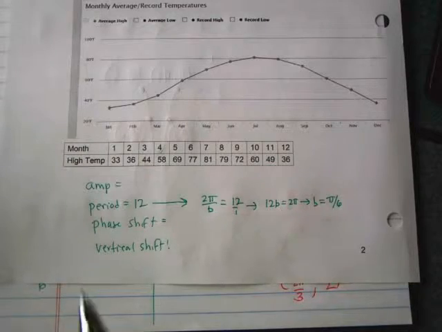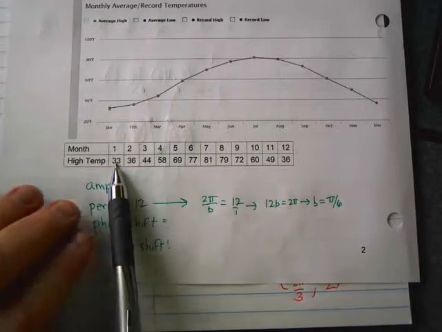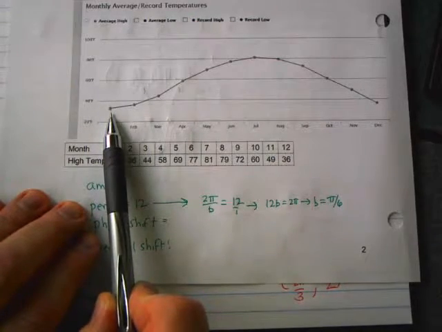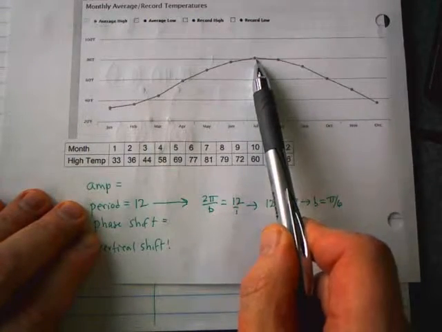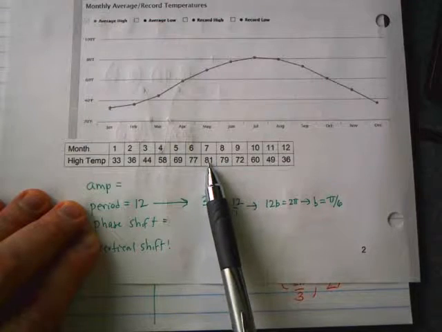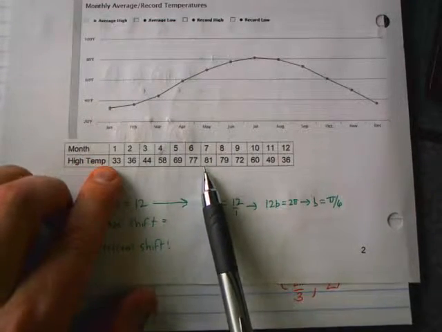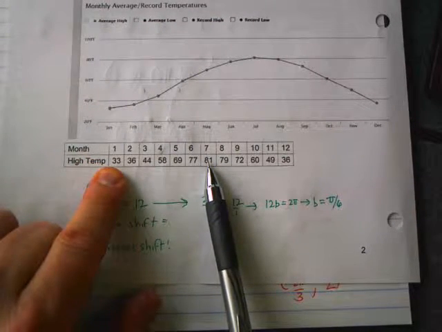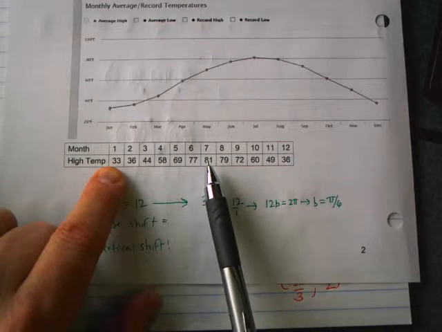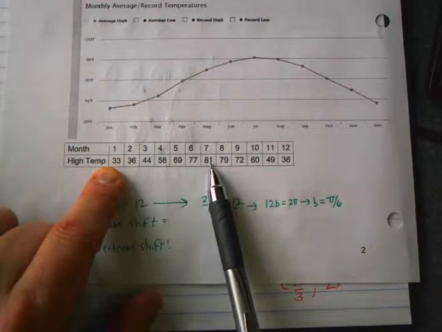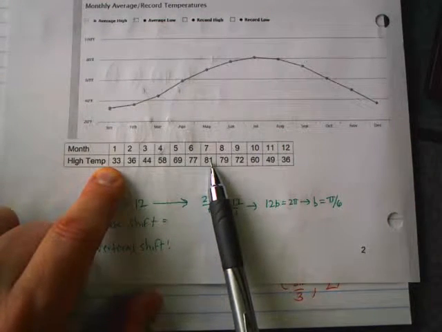Well, in fact, if you look at our data, our lowest is 33 degrees and our highest is 81, correct? So 81 minus 33 gives you 48. So what's the amplitude? Nope. No.